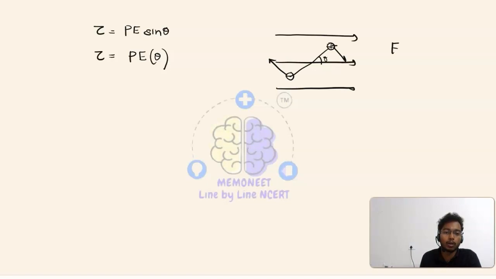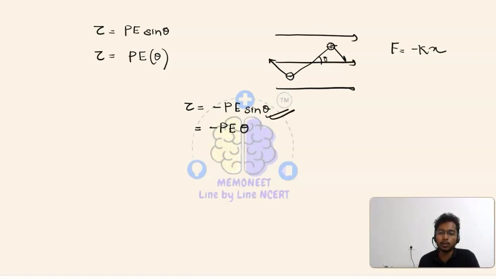So F is equal to minus kx, we know that. Likewise, tau is equal to minus pE sin theta. When the angle theta is very small, we replace sin theta with theta, so tau is minus pE theta.